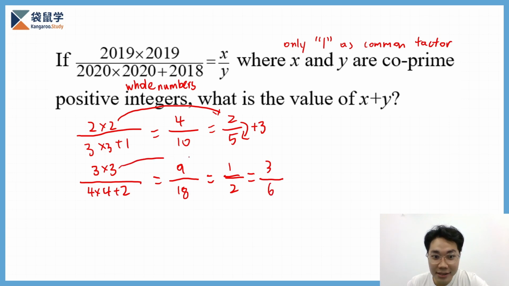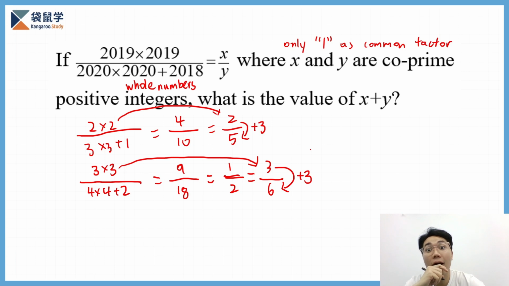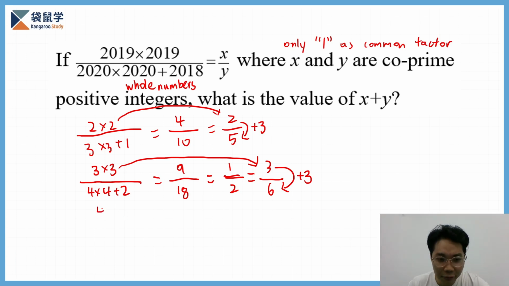We realize this number is also the same as the first number. And this time, the denominator is also a plus 3. Let's check one last time. The next one, if it's 4, it will be 4 times 4 over 5 times 5 plus 3.